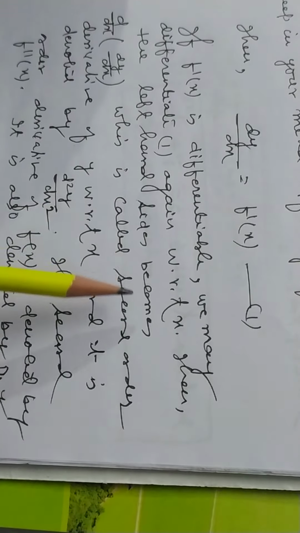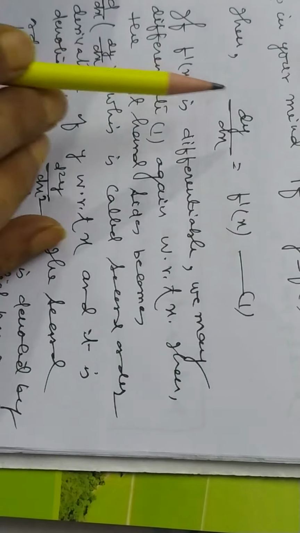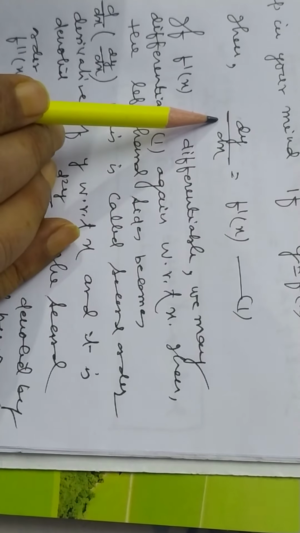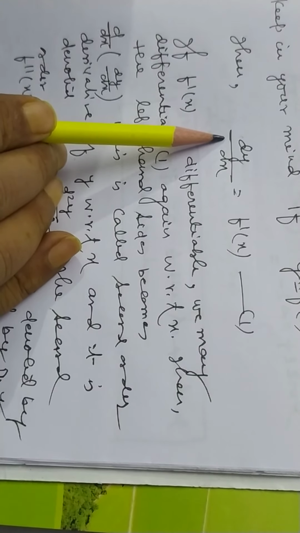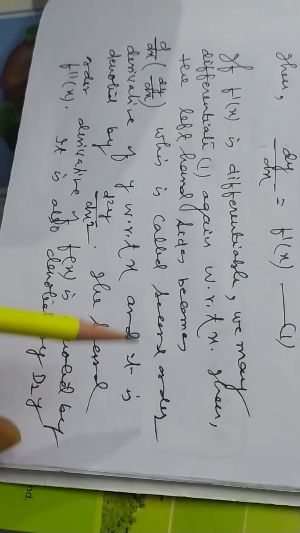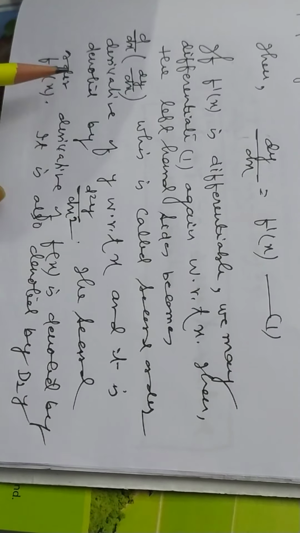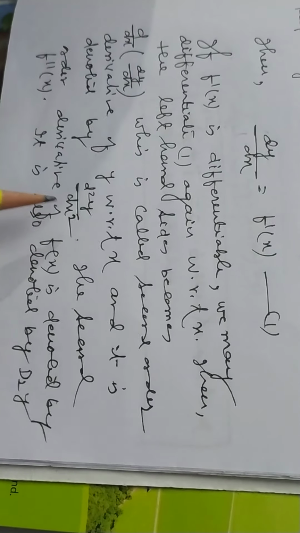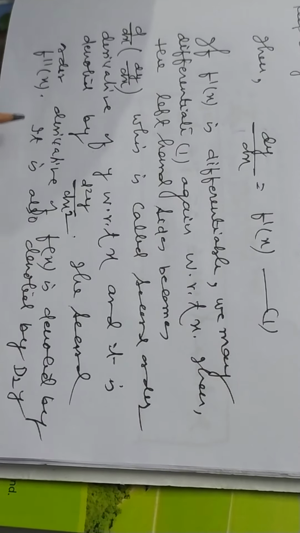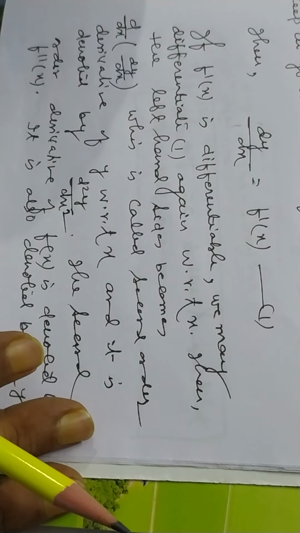Then the left hand side becomes d by dx of dy by dx, which is called the second order derivative of y with respect to x, and it is denoted by d2y by dx square. The second order derivative of f(x) is denoted by f double dash x.